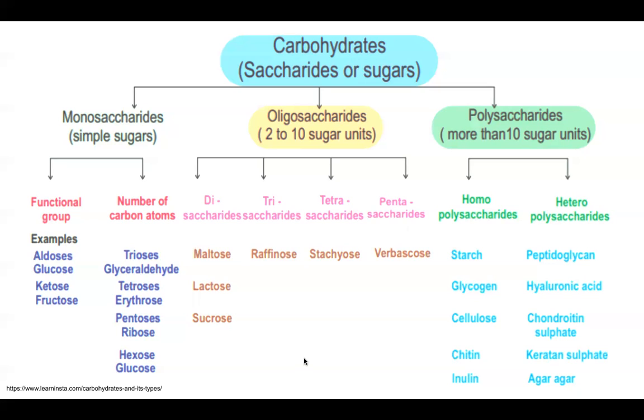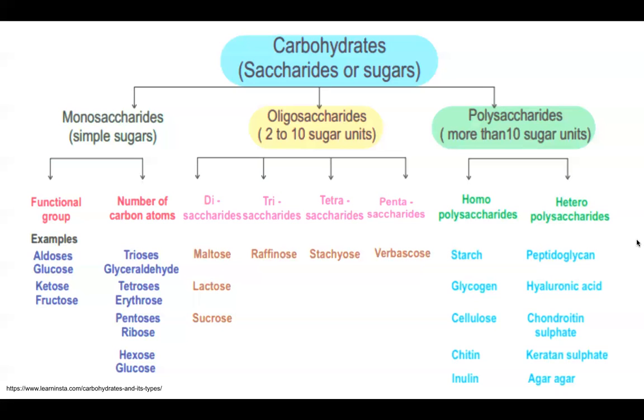If two carbohydrates bind each other, they can be disaccharides. The main examples of them: maltose, lactose, and sucrose. If trisaccharides, main example is raffinose, tetrasaccharides, stachyose, and pentasaccharides.